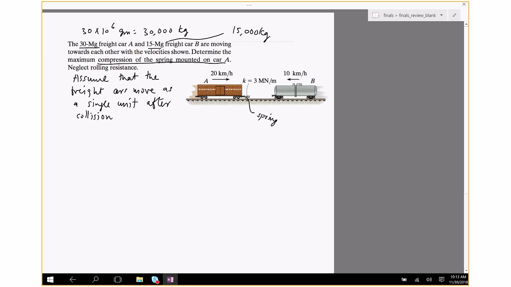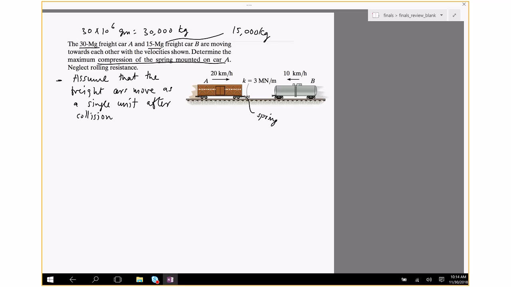Okay. Now, normally when you have a collision of two blocks, energy is not conserved. But in this case, the second assumption we're going to make is that when the two freight cars collide, and because there's a spring in between, the energy which is coming from the collision is stored inside the spring.